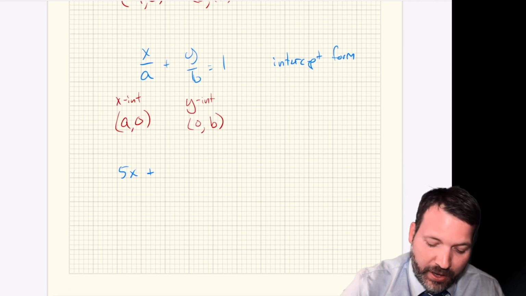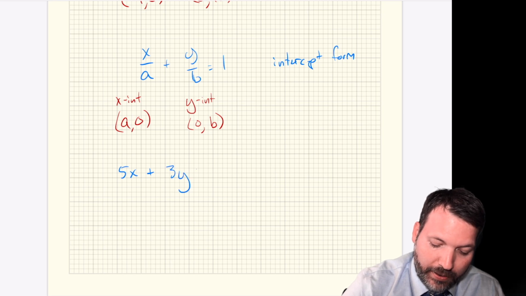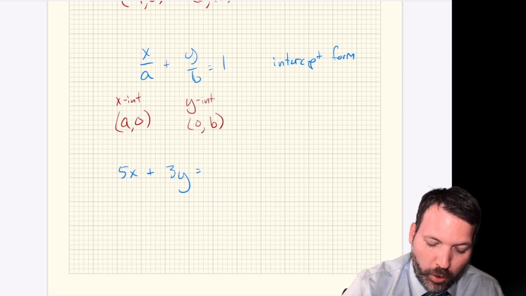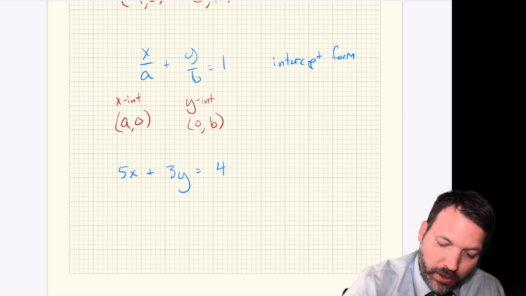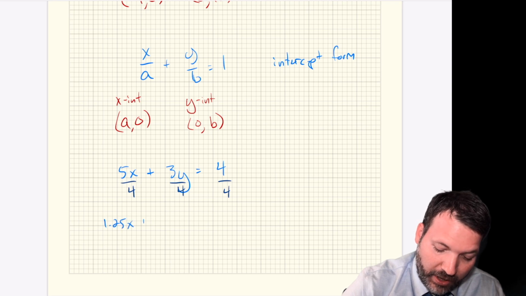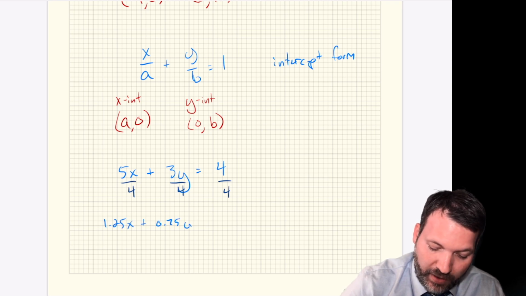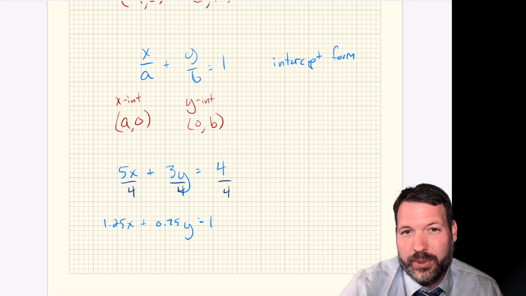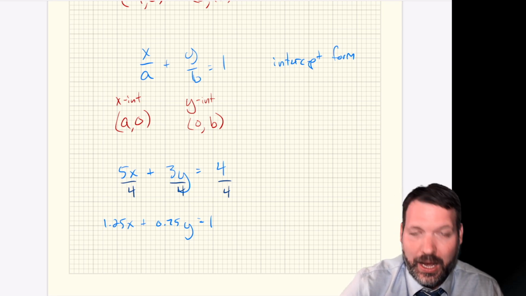Let's say I had 5x plus 3y equals 4. I would divide everything by 4. Now, if I just simplified from here, I would end up with 1.25x plus 0.75y equals 1, but that doesn't help me because I needed a denominator.